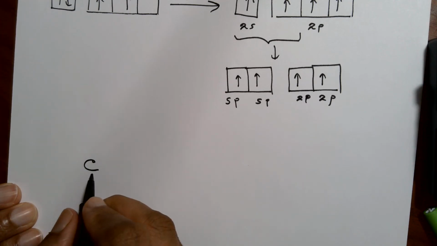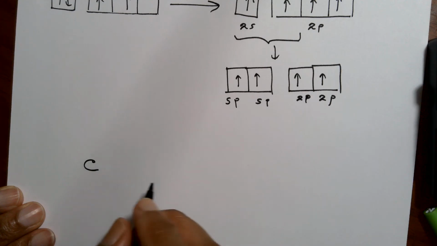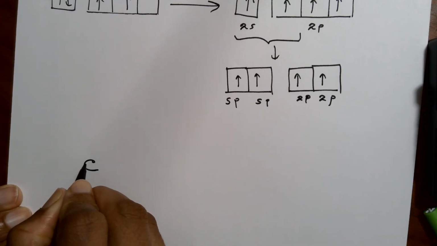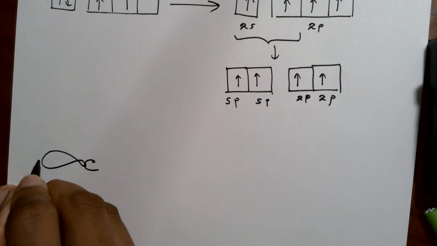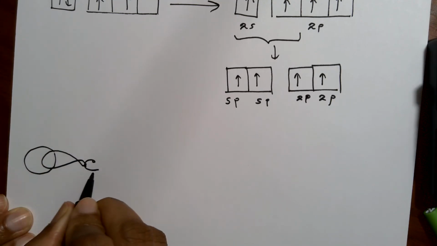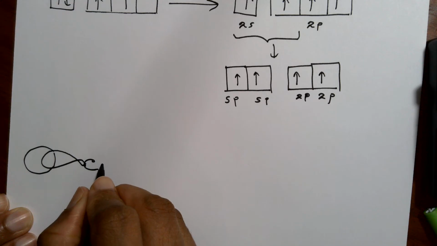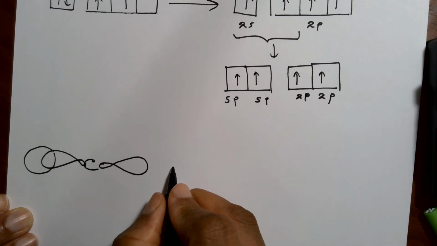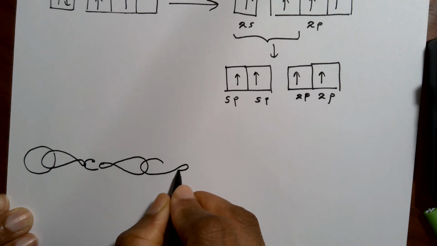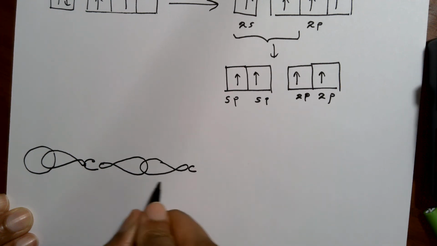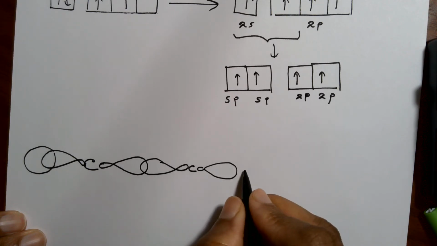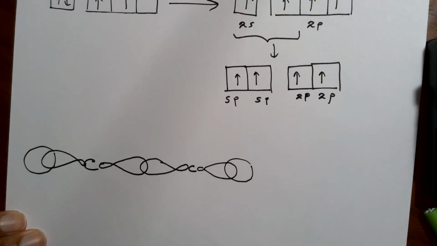Carbon has 2 sp hybridized orbitals. One of those sp hybridized orbitals overlaps with a hydrogen 1s orbital to make a C-H bond. The other one overlaps along the internuclear axis. This is the second carbon's sp hybridized orbitals, and on that carbon, another sp hybridized orbital makes the C-H bond.